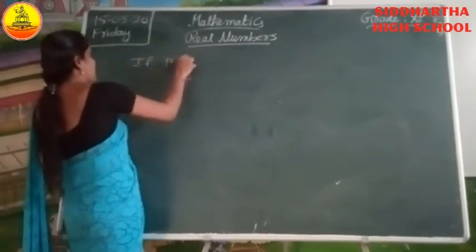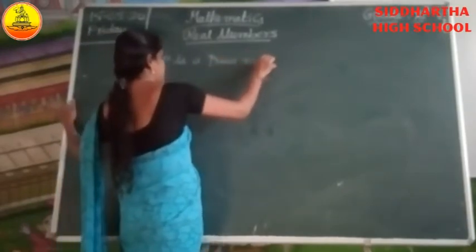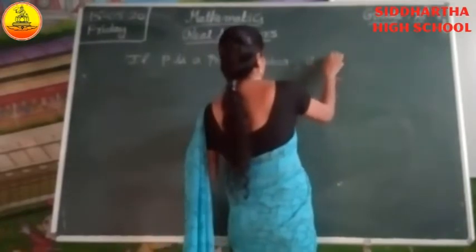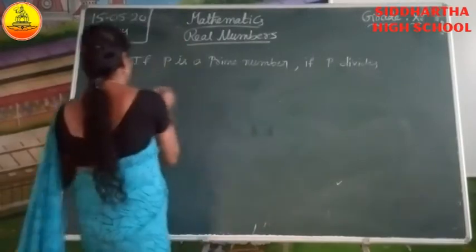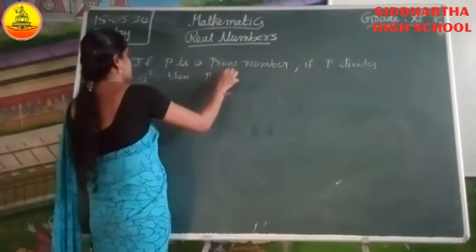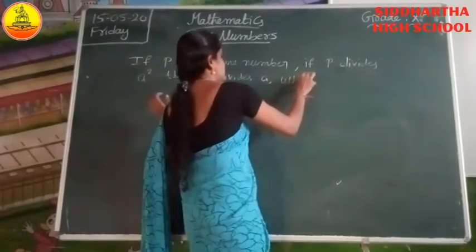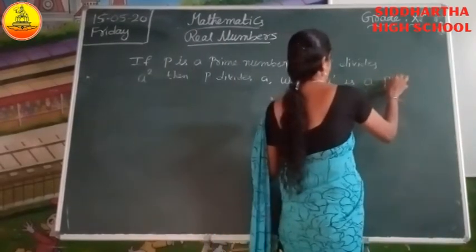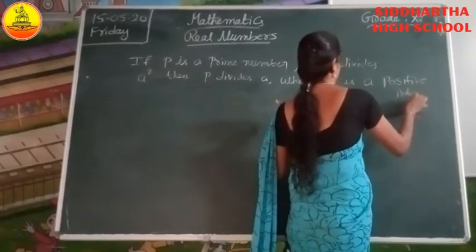If p is a prime number, any prime number you can say, if p divides a square, then p divides a, where a is a positive integer.